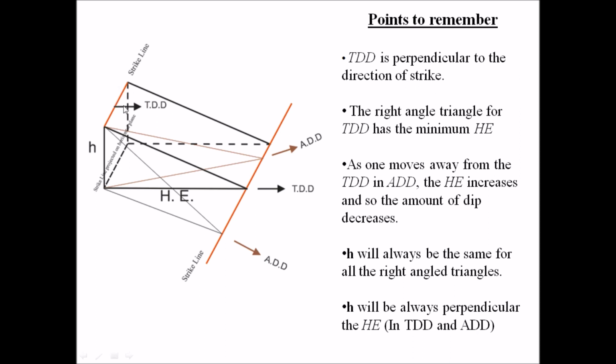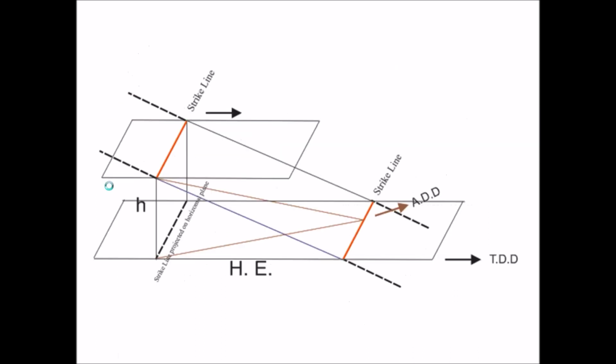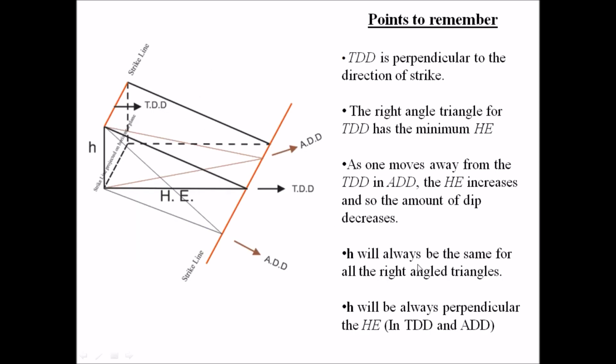So this arrow is perpendicular to the strike direction. Then the right angle triangle for the true dip direction has the minimum horizontal equivalent. We know that the distance between two parallel lines is the shortest distance, or the perpendicular distance. So this is the distance between the two parallel lines, and that is in the direction of the true dip.